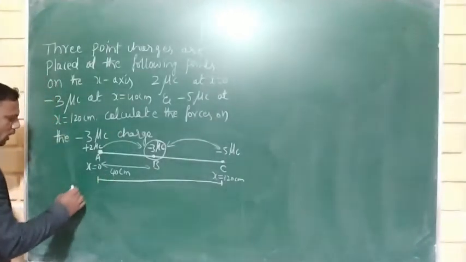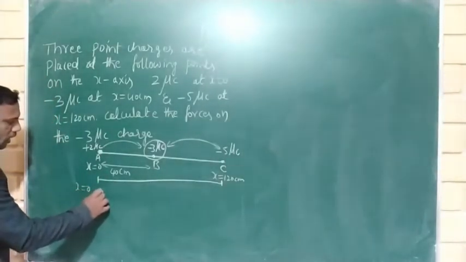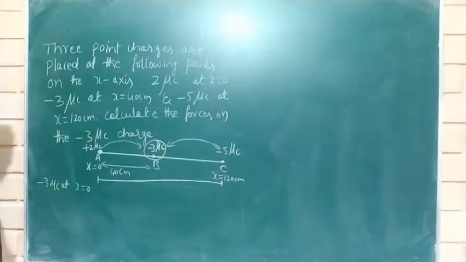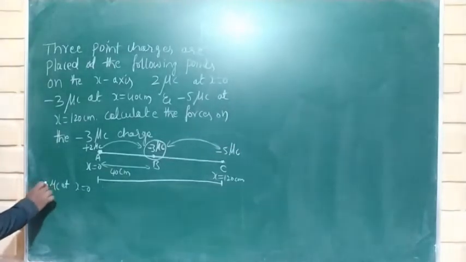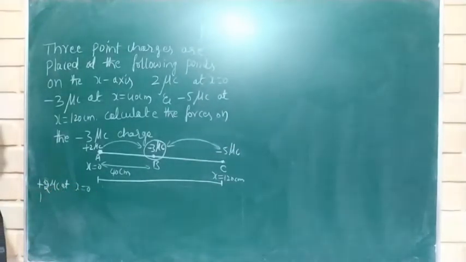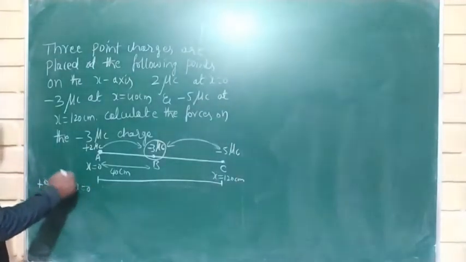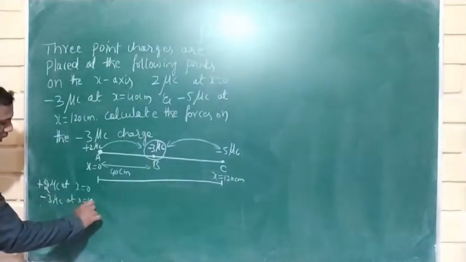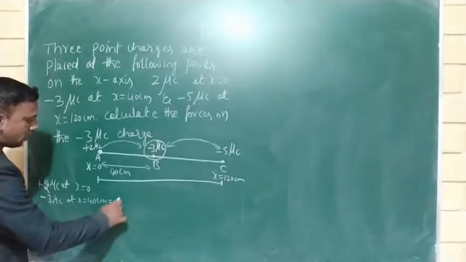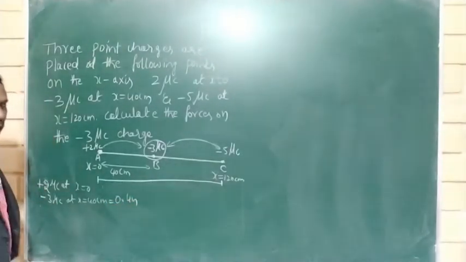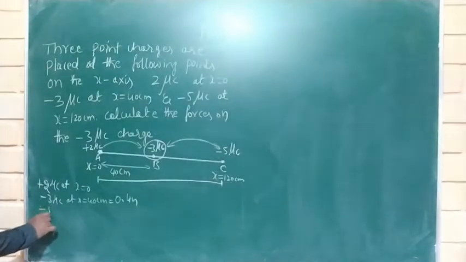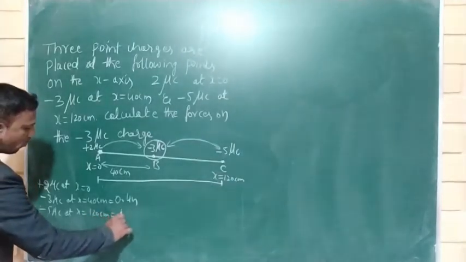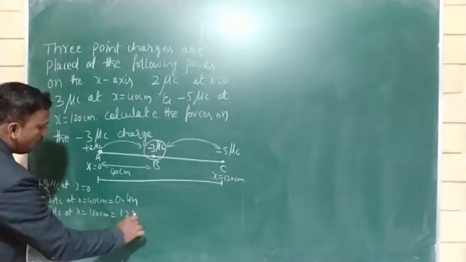The plus 2 microcoulomb charge is at x equal to 0, and the minus 3 microcoulomb charge is at x equal to 40 centimeter, nothing but 0.4 meter. Similarly, the minus 5 microcoulomb charge is at x equal to 120 centimeter, nothing but 1.2 meter.